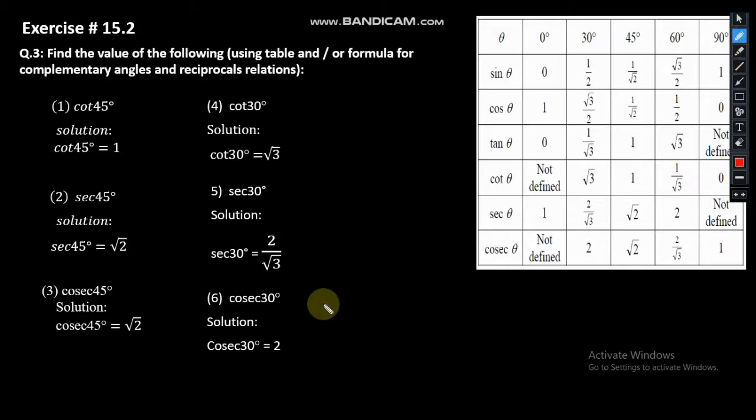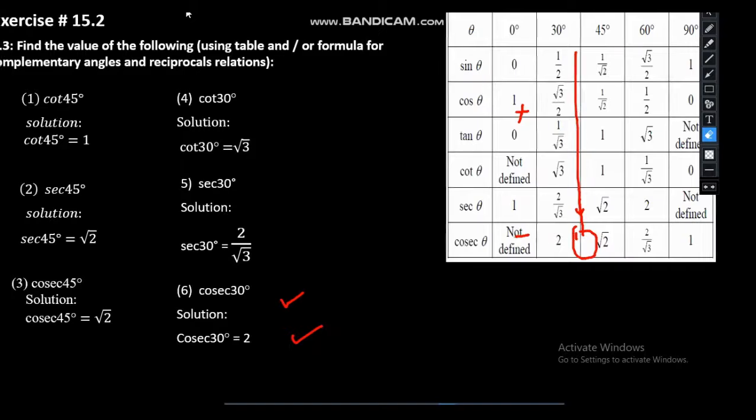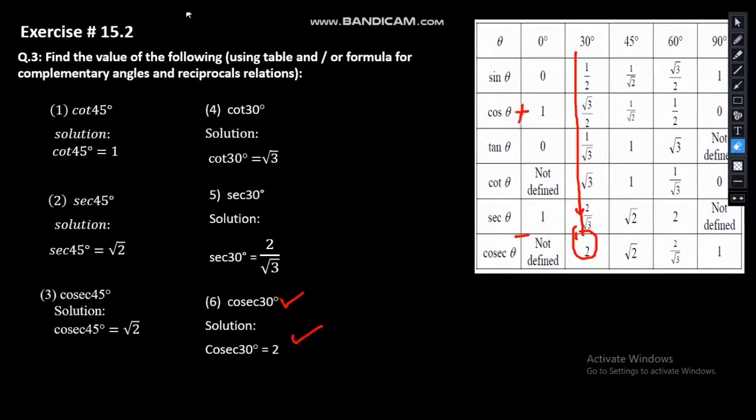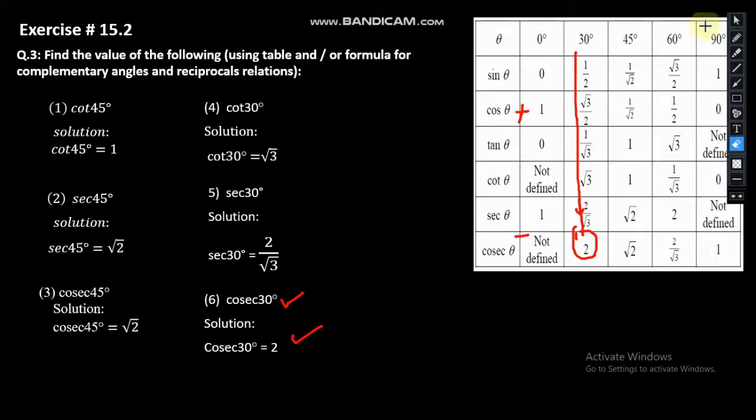Cosec 30 degree is equal to 2. Here is cosec theta, here is 2, which lies in column 30 degree, so it is equal to 2. Now on to the next question.